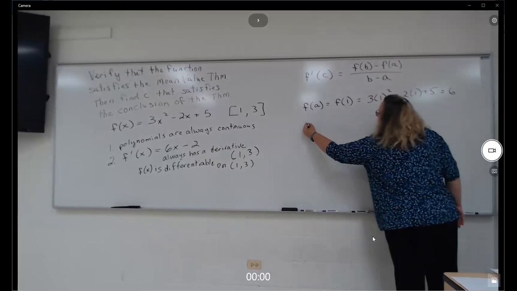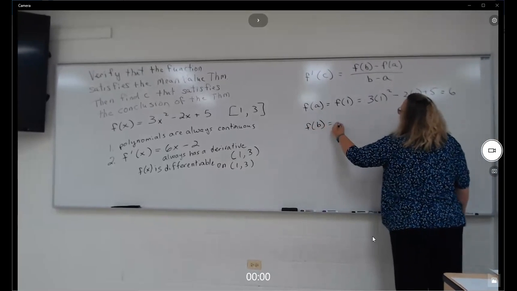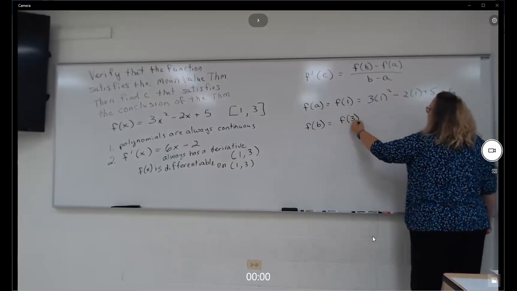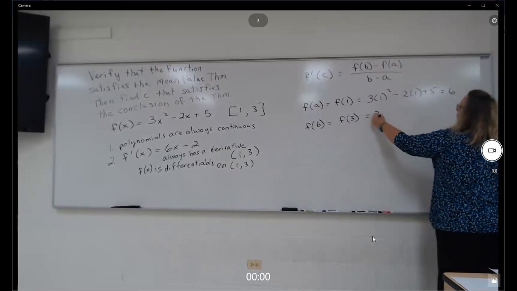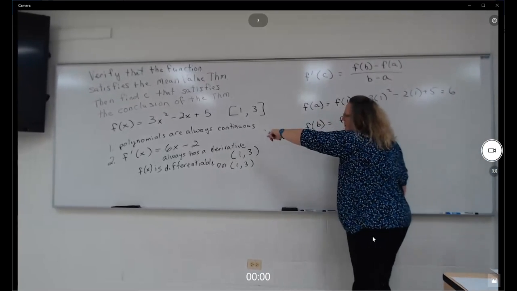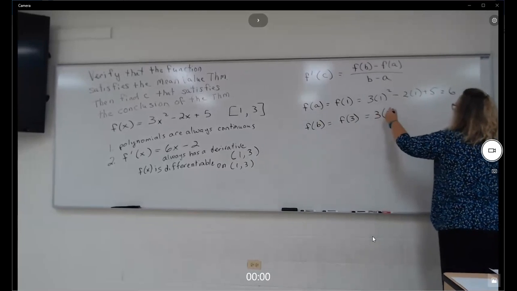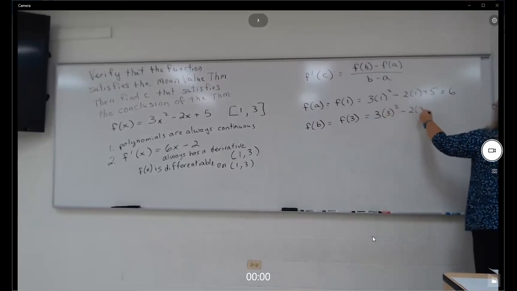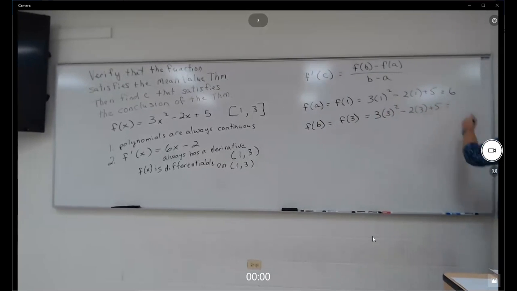And then f of b is f of 3. So now we do 3, coming back to my original: 3 times 3 squared minus 2 times 3 plus 5. That should be 26.